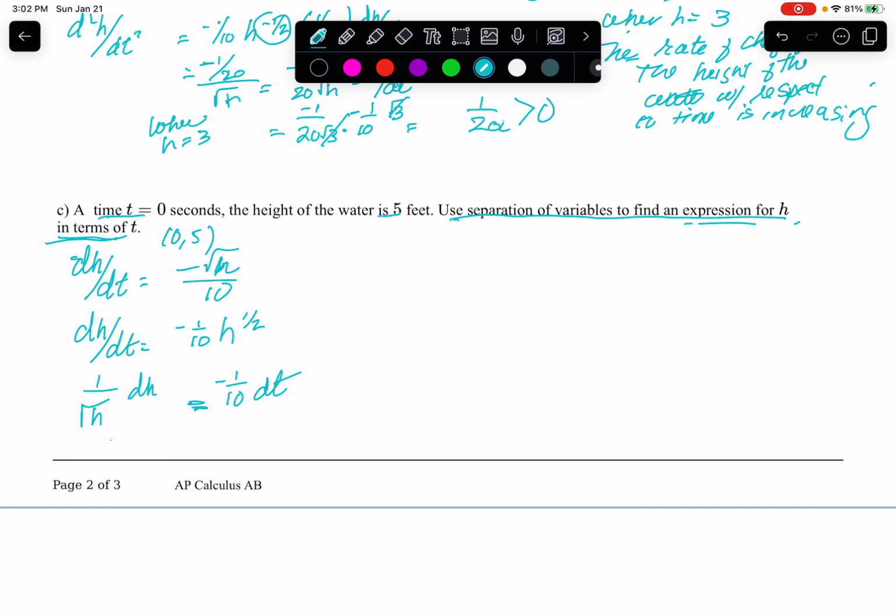Let's go with h to the negative 1/2. So the integral of h to the negative 1/2 dh is equal to the integral of negative 1/10 dt.